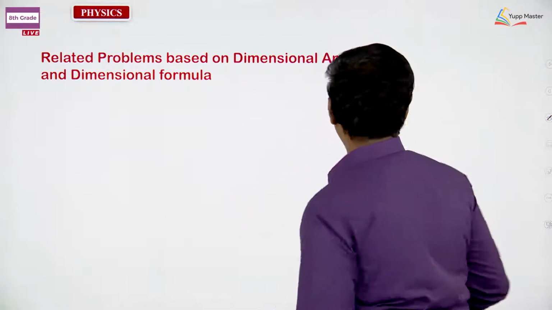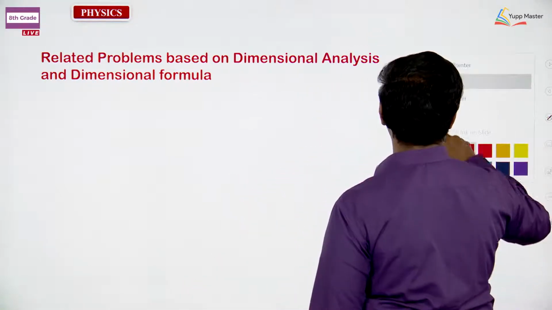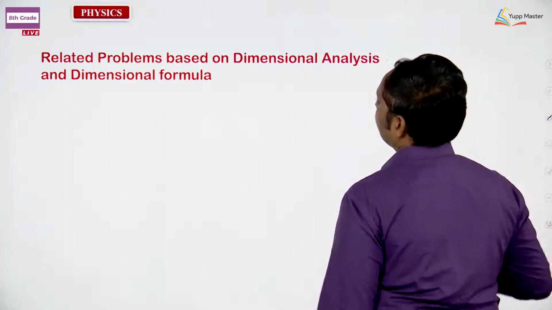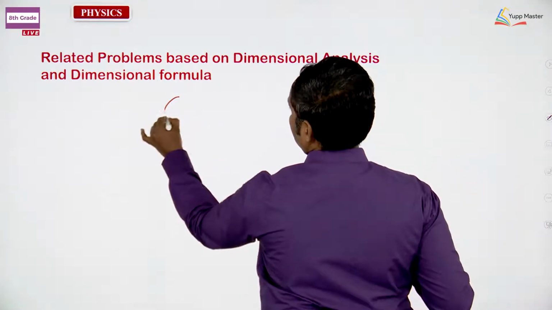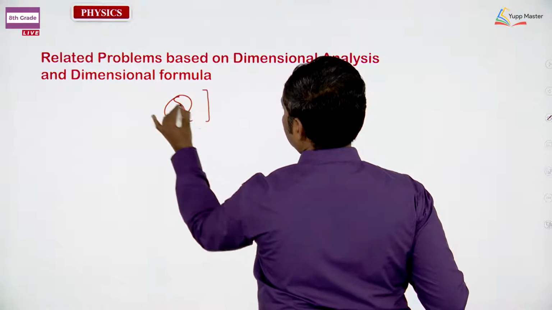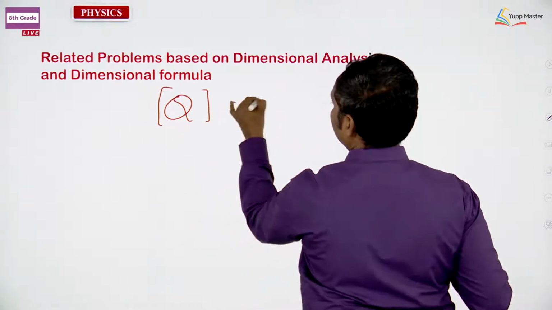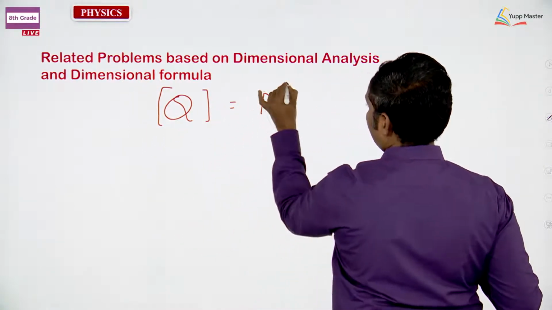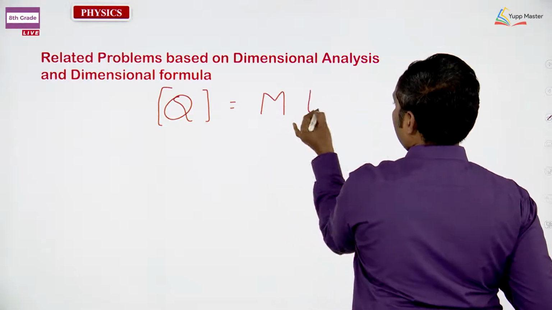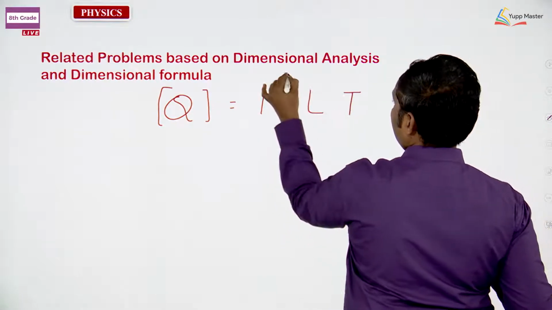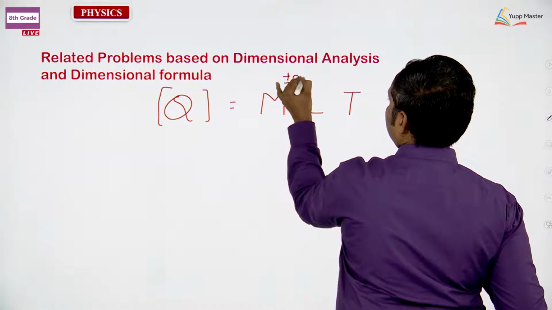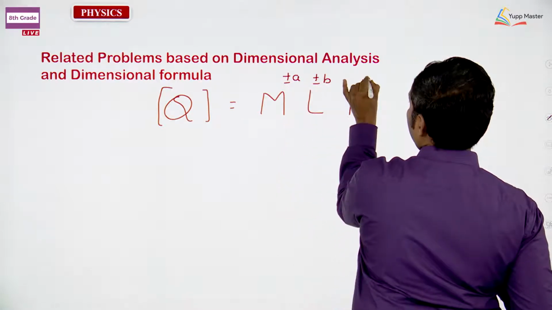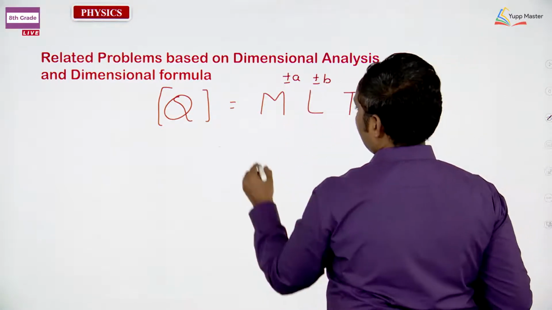Let's see that. Any measurable quantity can be represented as M to the power a, L to the power b, T to the power c, where a, b and c can be plus or minus. It's very clear.